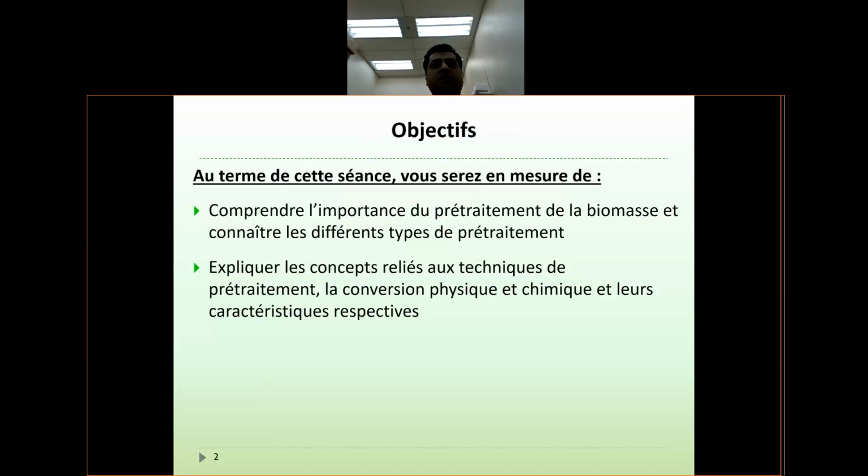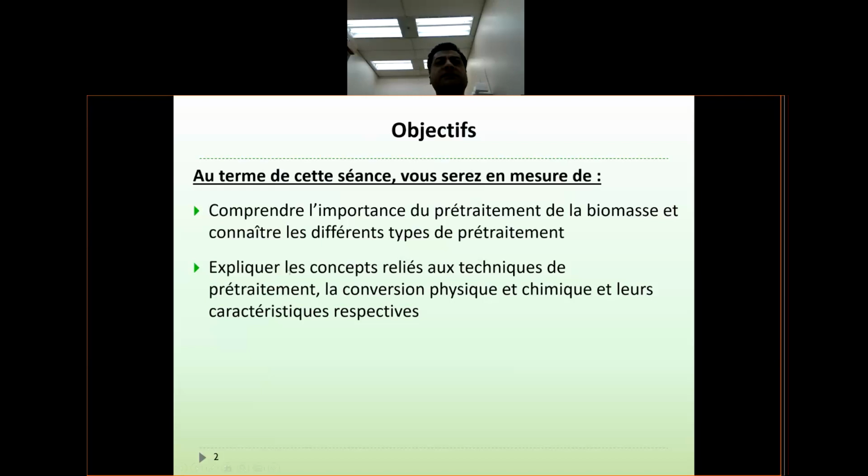We have two objectives. First objective is to understand the importance of pre-treatment in biomass conversion and to know the different types of pre-treatment that exist in biomass conversion. So pre-treatment means a treatment before the main conversion of biomass.